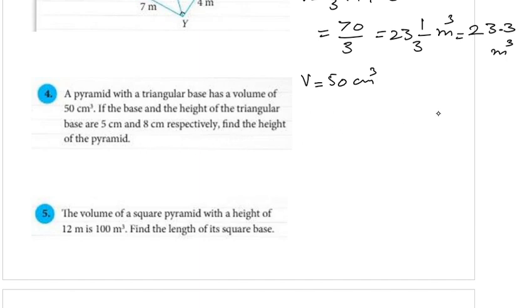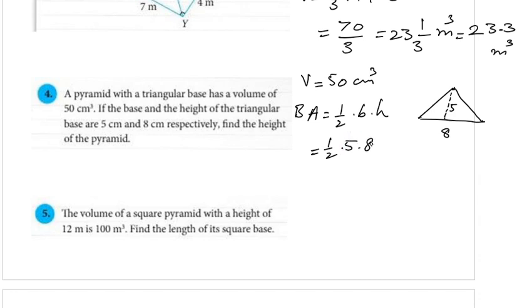So starting with the base, its base is a triangular face, and whose one length is equal to 8 centimeter, and its height is equal to 5 centimeter. Again, the base area can be found by using the same formula, 1 over 2 base multiplied by height, and putting the values 1 over 2, 5 multiplied by 8, we get it to be equal to 20 centimeter squares.